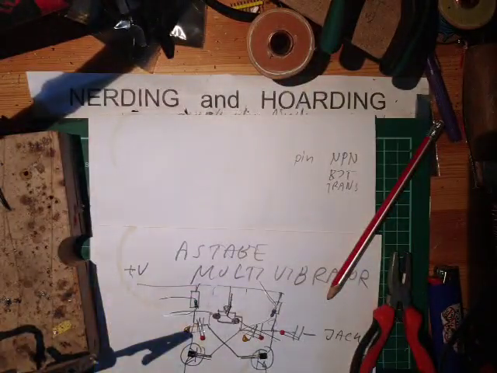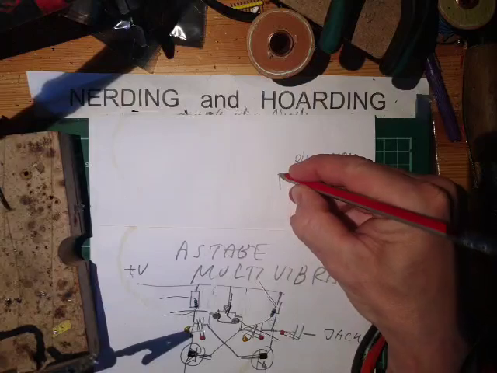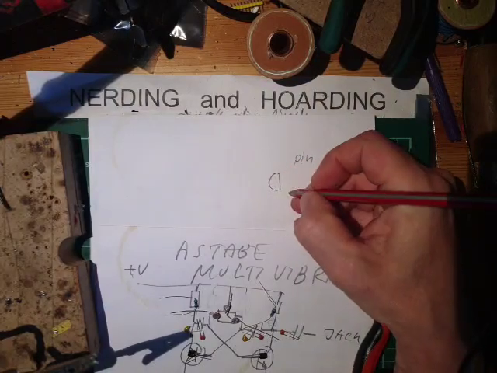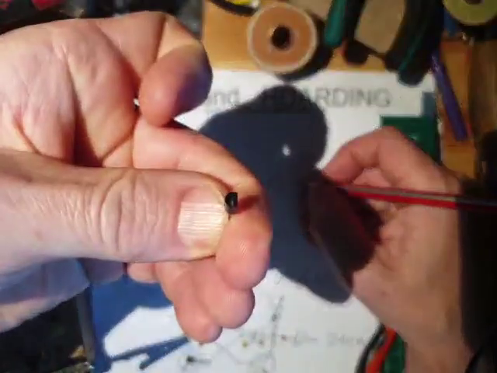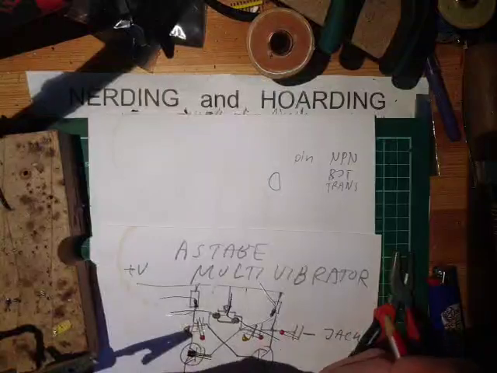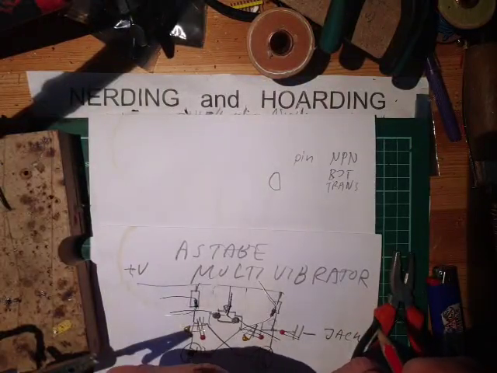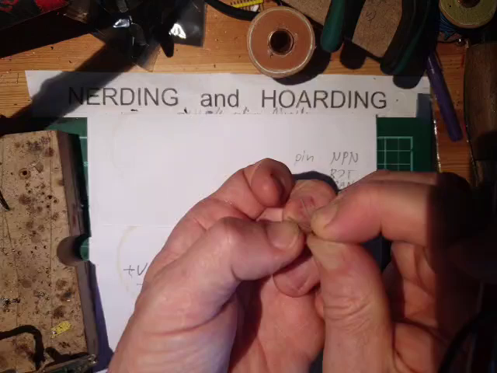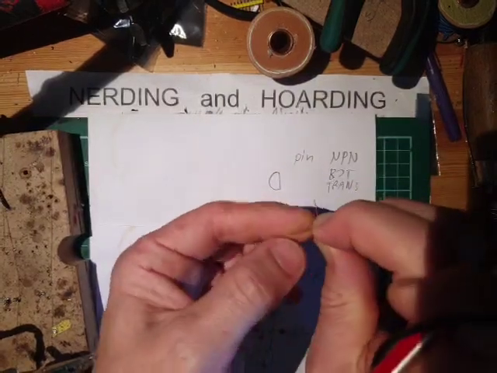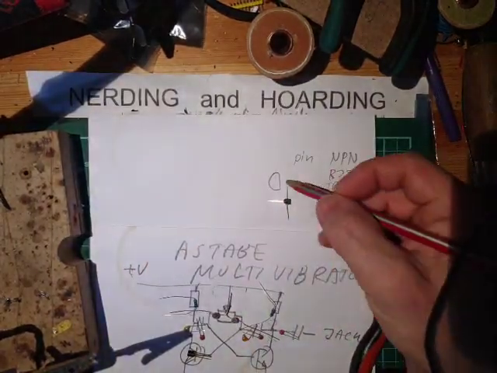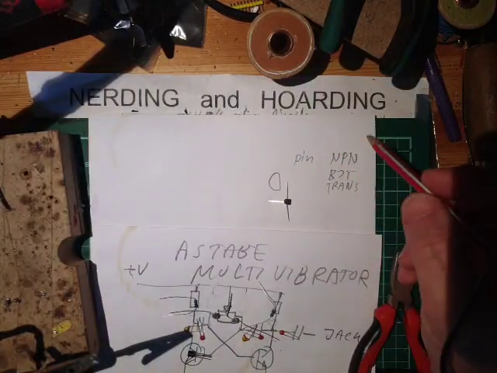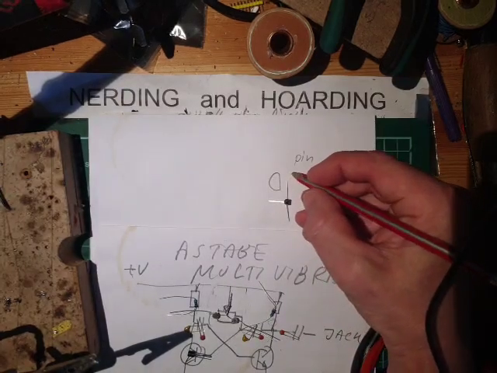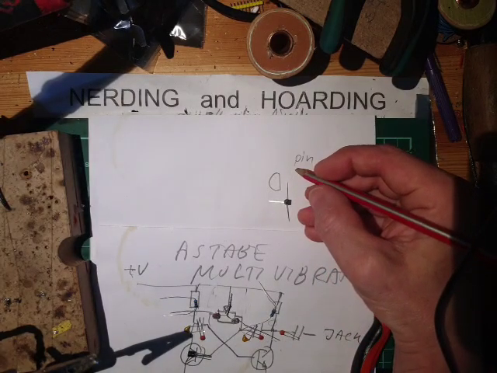It's an NPN and it has a pin out that is like this. If you look at it from above, like this, like so. Yeah, my camera is really bad, so don't mind that. But anyway, I will just sort of stretch out its legs into a nice shape like that. And we will see here, I look at the pin out and it says, what does it exactly say? I have to focus now. Collector.